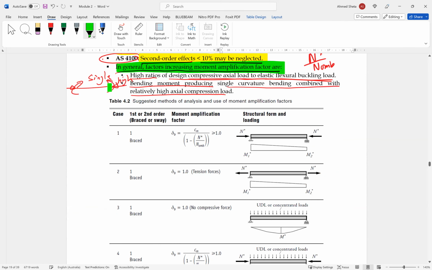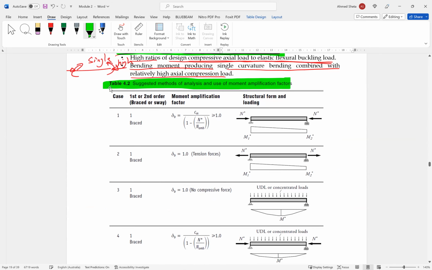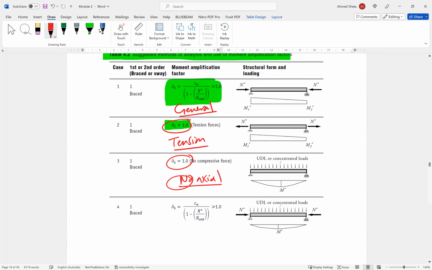And this table is the suggested method of analysis of the amplification factor. So this is what we have been talking about. So delta B equal to Cm over 1 minus N star over N OMB. Tension member, because tension, delta B equal to 1. This has no axial force. So in this one, tension member, this is the general rule of braced. This tension, so delta B equal to 1. This no axial force, so delta B also equal to 1.